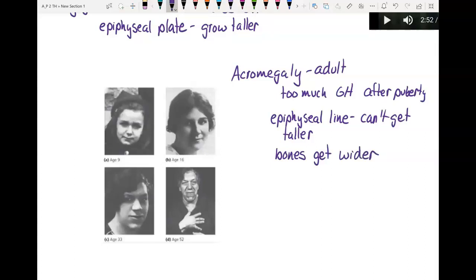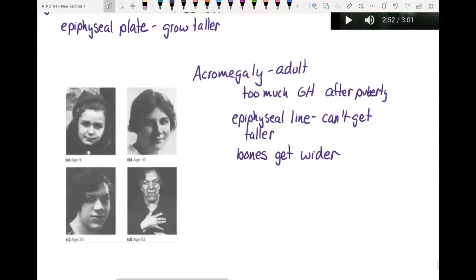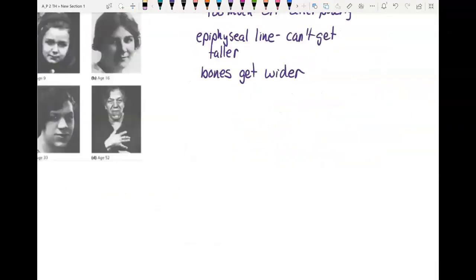The good news is that we do have medical treatment today. So Robert Wadlow ended up dying young as a kind of a side effect of his condition, but today we do have surgery. This excess growth hormone tends to be caused by a tumor in the pituitary.